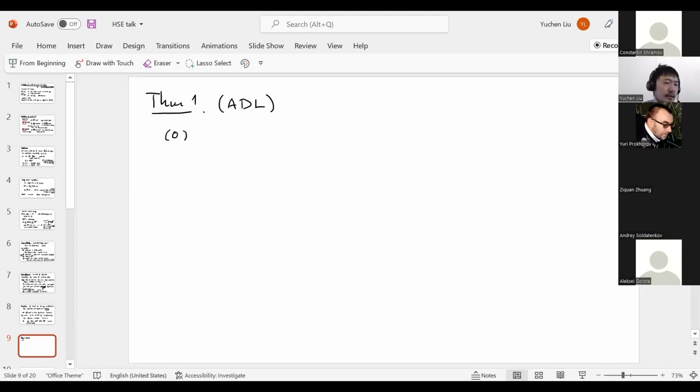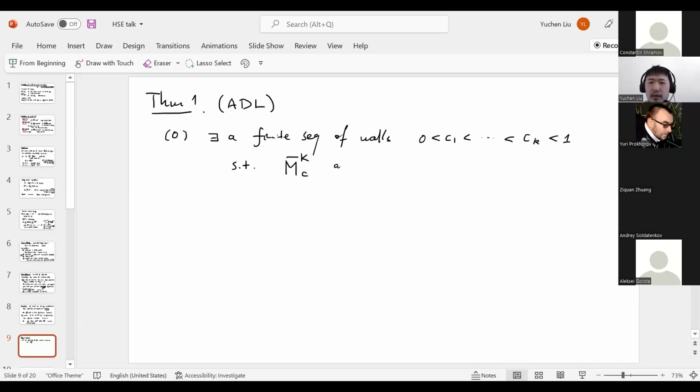It says that there exists a finite sequence of walls, 0 less than C1 less than something less than CK less than 1, such that the K moduli stay the same for C inside each open interval.